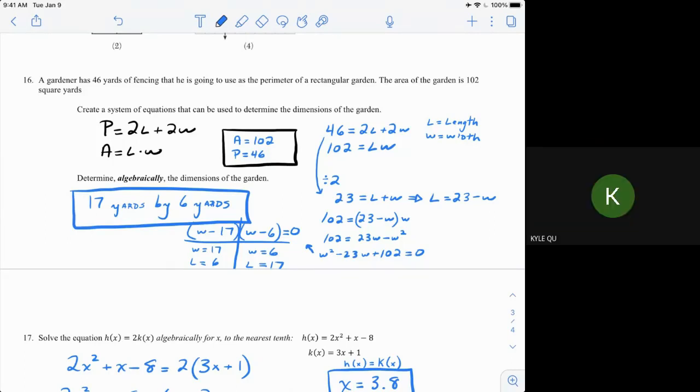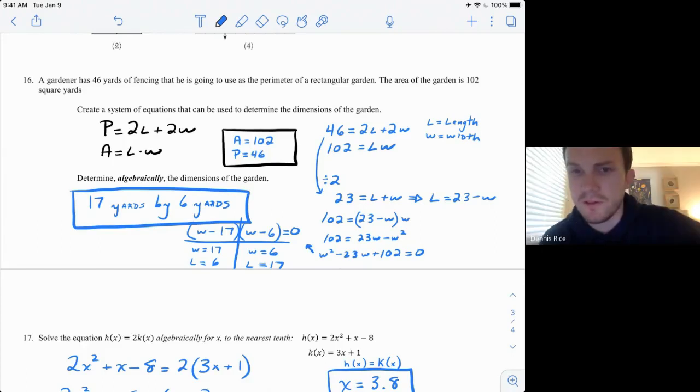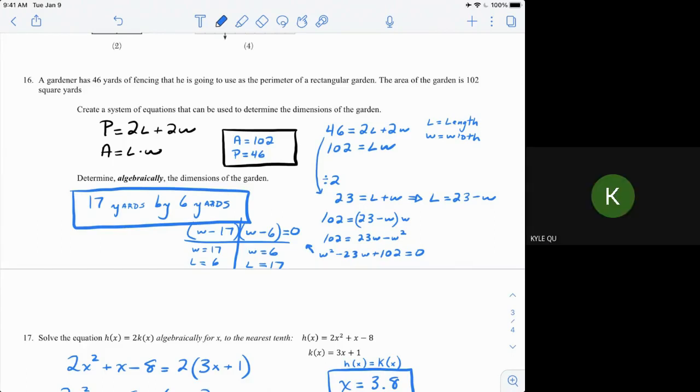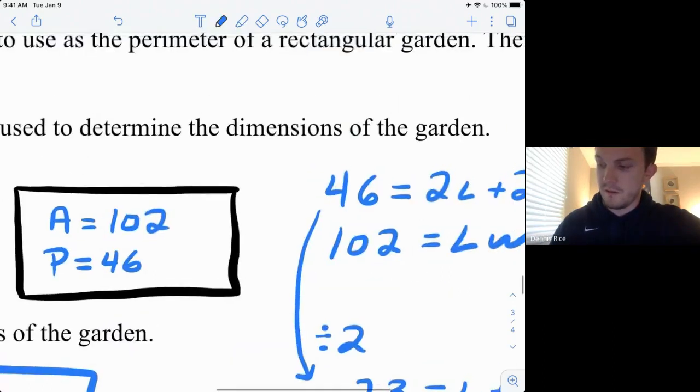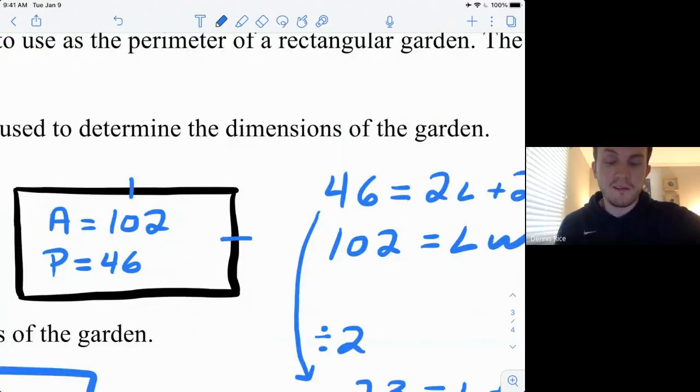So we only have to write it one time. Yeah, just write it once. What you call length and width for a rectangle is arbitrary. It doesn't matter. I could call this the width, and someone else could call that the width. Does it really matter? No, because what you call what, it's still going to be the same rectangle.